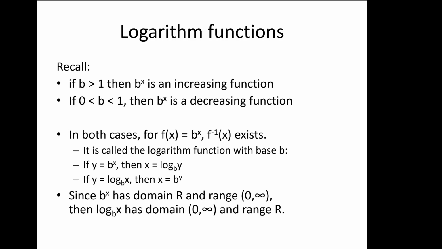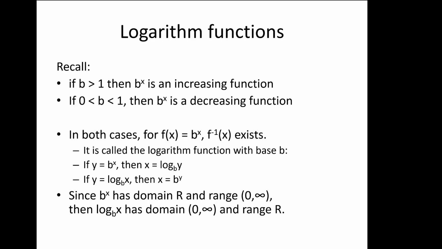So we have a function that's either always increasing or always decreasing. That means that for such a function, so for exponentials, there must be an inverse. So f inverse exists for any b to the x. And the name of the inverse of an exponential function is the log function.